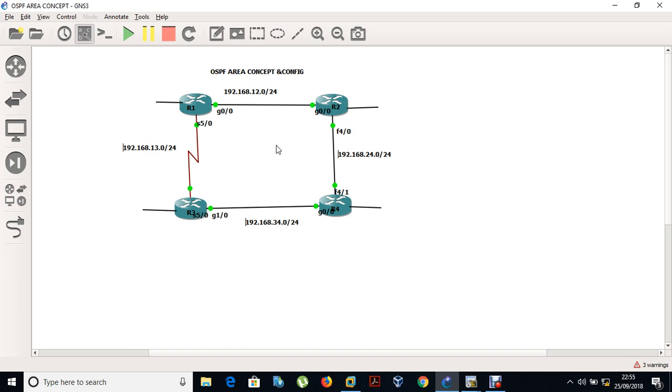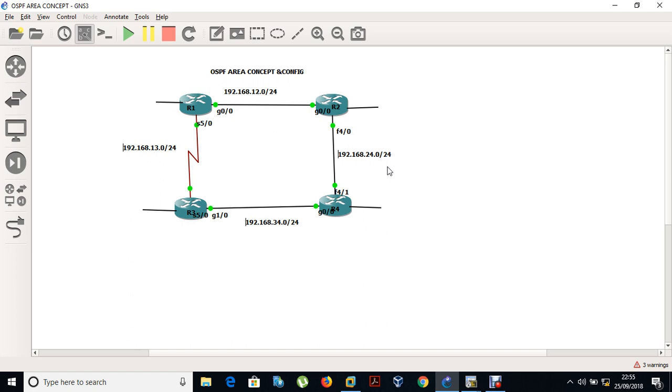If there are, for example, 50 routers in here, the problem will be too many advertisements, or too many updates going around, which can cause a network delay within the network.